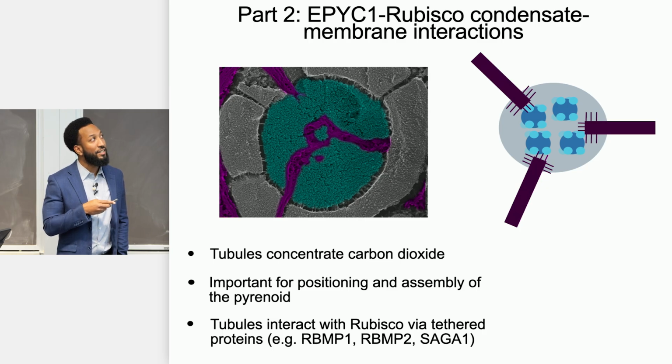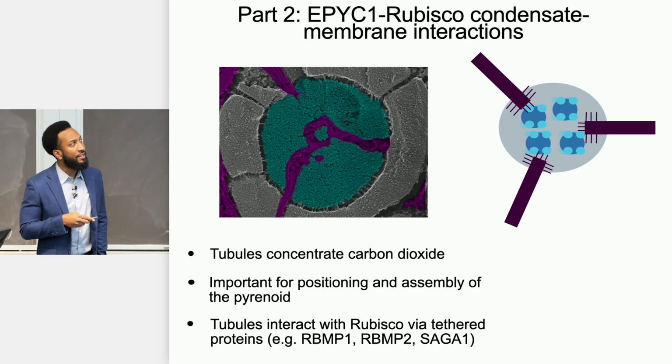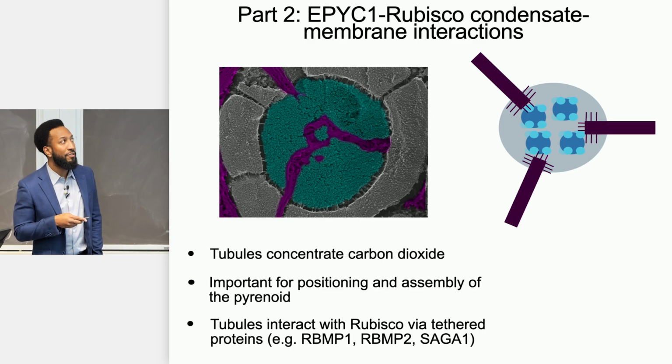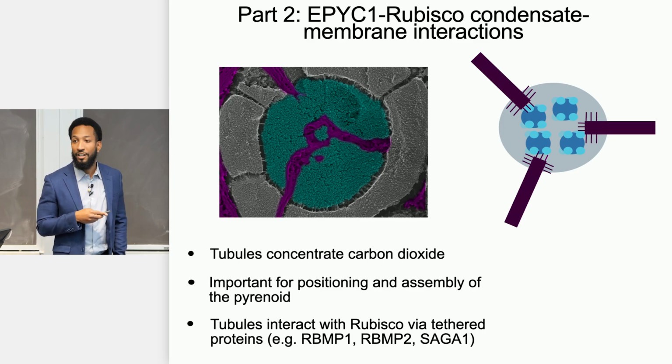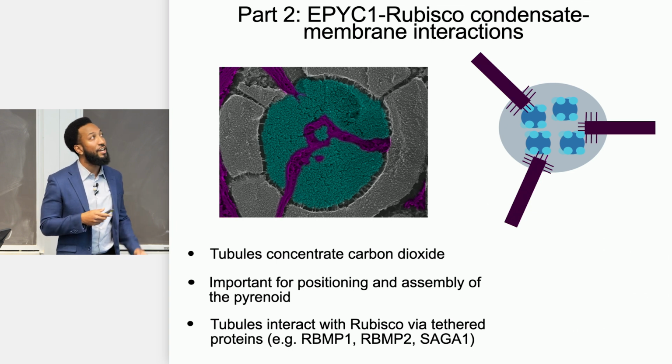You can think of this picture as little straws and little proteins that are binding to the pyrenoid matrix here, keeping them connected. And these tubules are important for many things besides transporting the carbon dioxide. They can also help in the self-assembly.